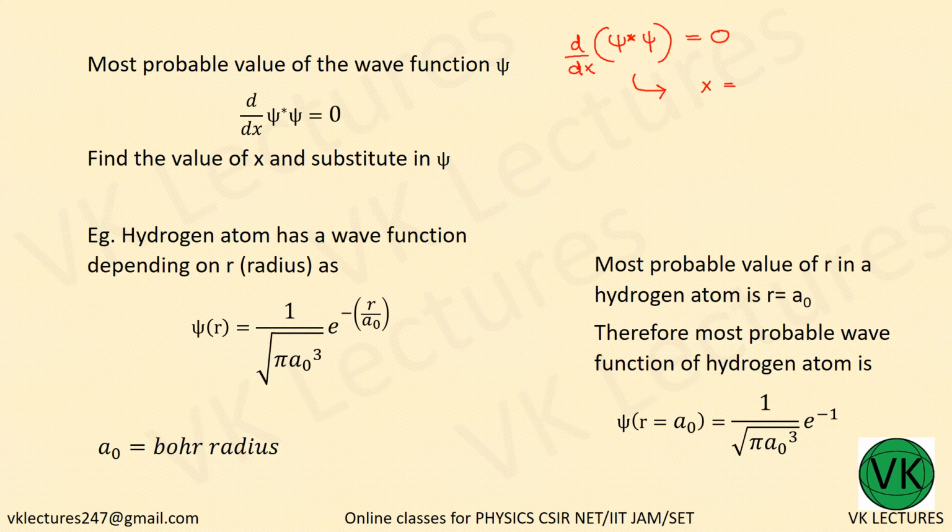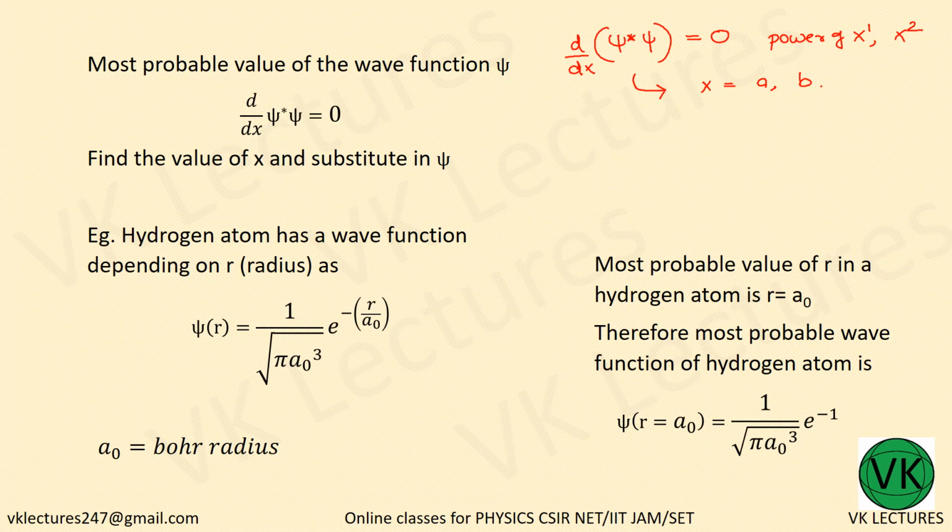For example, x equal to a, x equal to b, you may get depending on the power of x. If it is x to the power 1, that means only linear, you may get one value. If it is x square, that is quadratic, you may get two values.